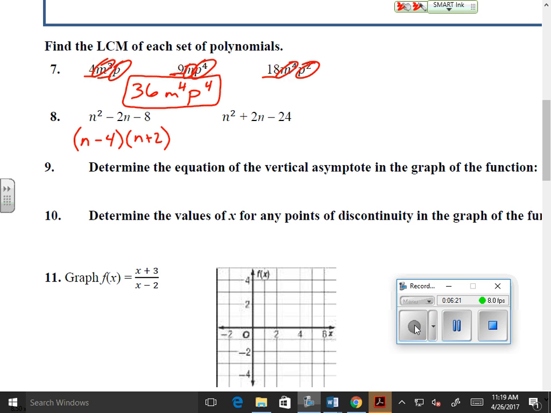This factors into n plus 6 times n minus 4. So all of the factors listed out, I have an n minus 4 that shows up, I have an n plus 2, and an n plus 6. So I need my final answer to contain all three of those, n minus 4, n plus 6, and n plus 2.